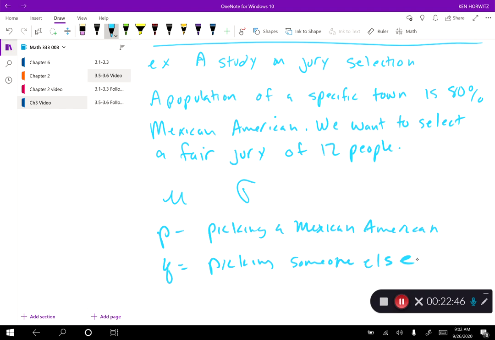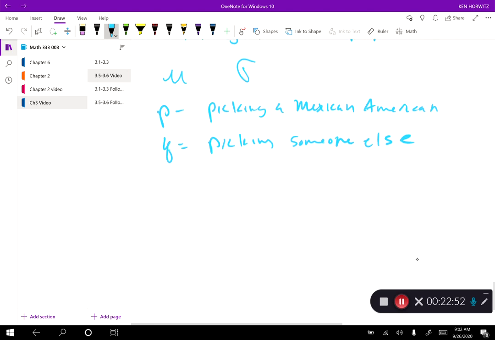All right, so if P is the probability of picking a Mexican American, our P is going to be 0.8. Our Q is then 0.2. And we're picking a jury of 12 people, so N is 12.